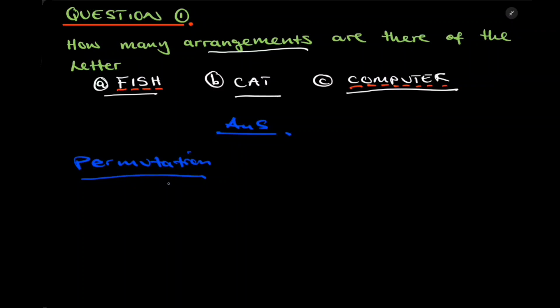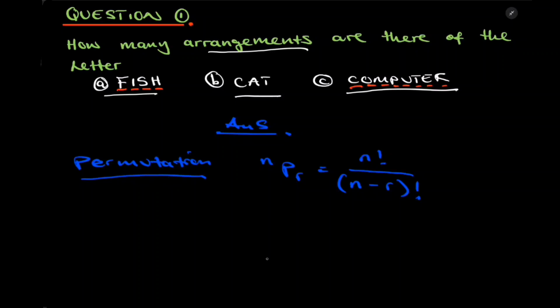But the good part about the permutation formula is that it's a more condensed way of finding the number of ways of arranging items. You'll see the reason why it's a better way. So the formula looks like this: n factorial divided by (n minus r) factorial.